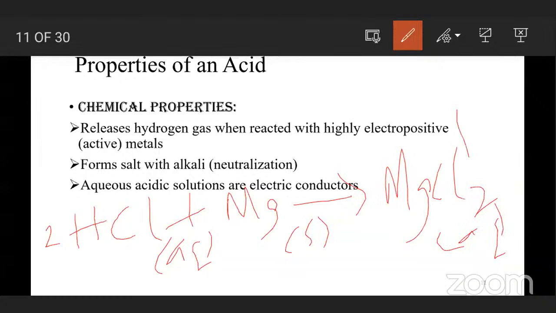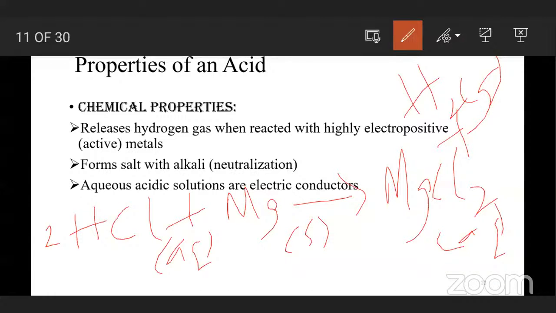And that gives you an idea that what your acid is interacting with is a highly electropositive metal.